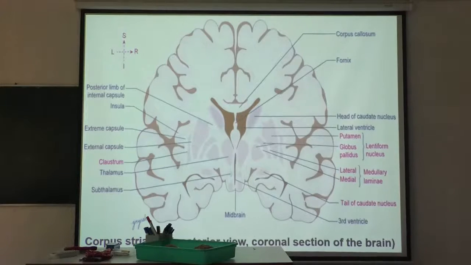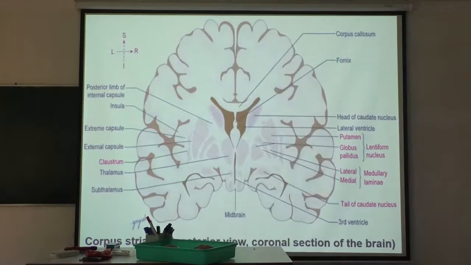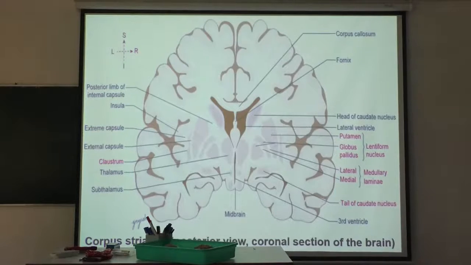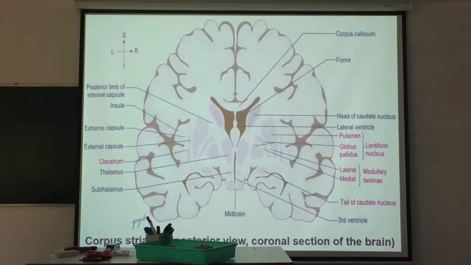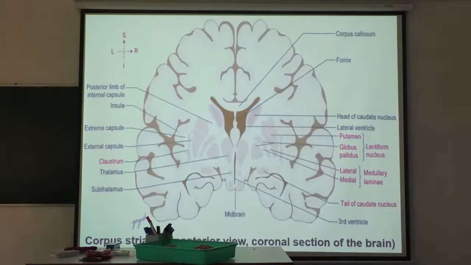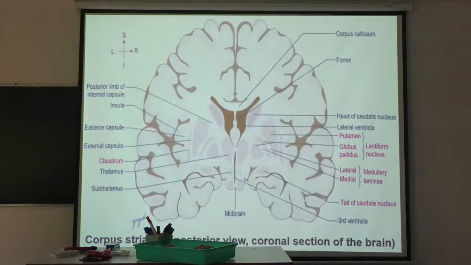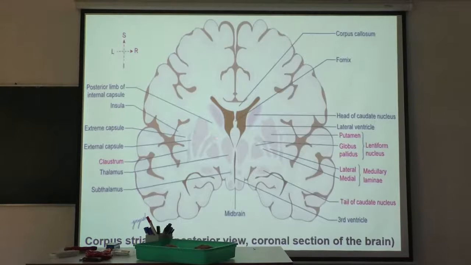Okay, lateral to the internal capsule lies the lentiform nucleus. Lentiform nucleus again consists of putamen laterally and globus pallidus medially. Globus pallidus is again divided by the internal medullary lamina into outer and inner parts. This is the external medullary lamina, here is the internal medullary lamina.